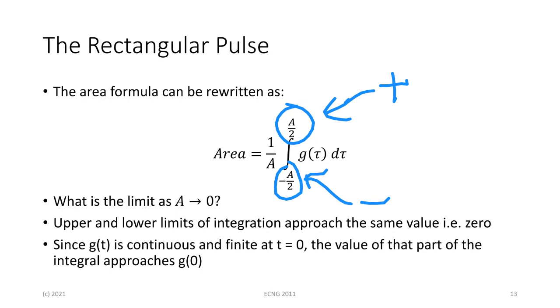And if G of t is continuous and it has a value at t equal to 0, then as this gets very small, you're going to integrate the value just at the point where t equal to 0. Yeah?